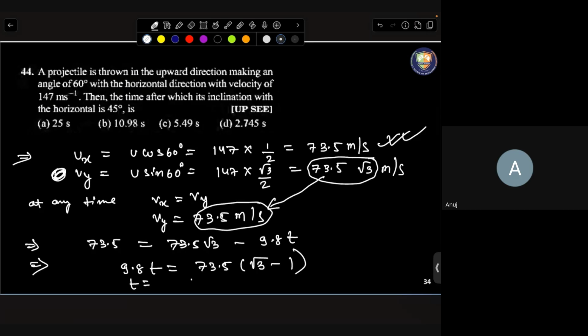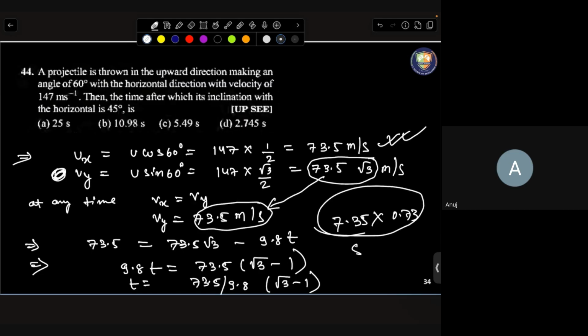T is equal to 73.5 by 9.8 times root 3 minus 1. So it's near about 10, so 7.35 multiplied by 0.732. So it should be lesser than 7. So the only option we are getting is 5.49. So 5.49 should be the answer.